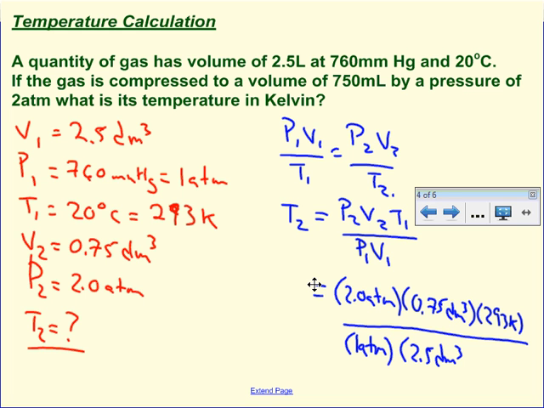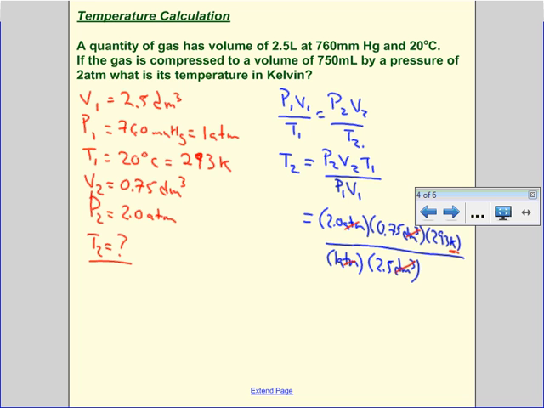Now, to make sure I have the right units and solve for the right thing, I have to cancel them out. I have atm and atm, dm cubed and dm cubed, and so I'm left with Kelvin, and that's okay because I'm trying to solve for T2. Solving this, my temperature is 176 Kelvin, but with all the zigzags, I'm going to keep it at 180 Kelvin with significant figures.